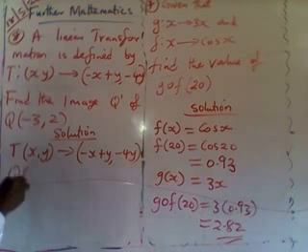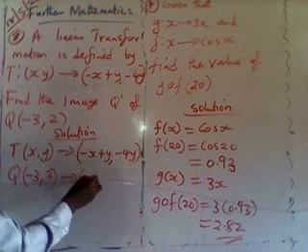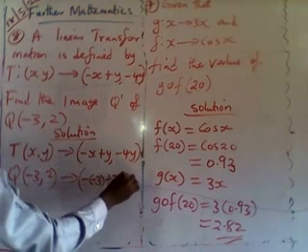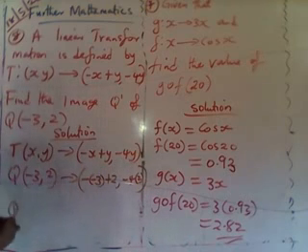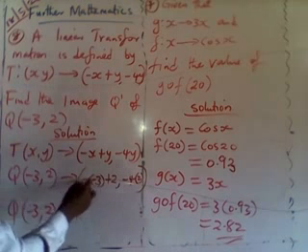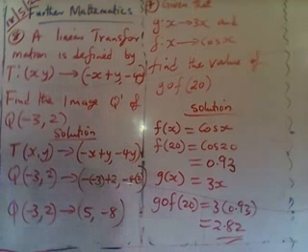Similarly, T of (−3, 2) approaches (−3 + 2, −4 × 2). Of course, this will be (5, −8), and that's what we have as our answer.